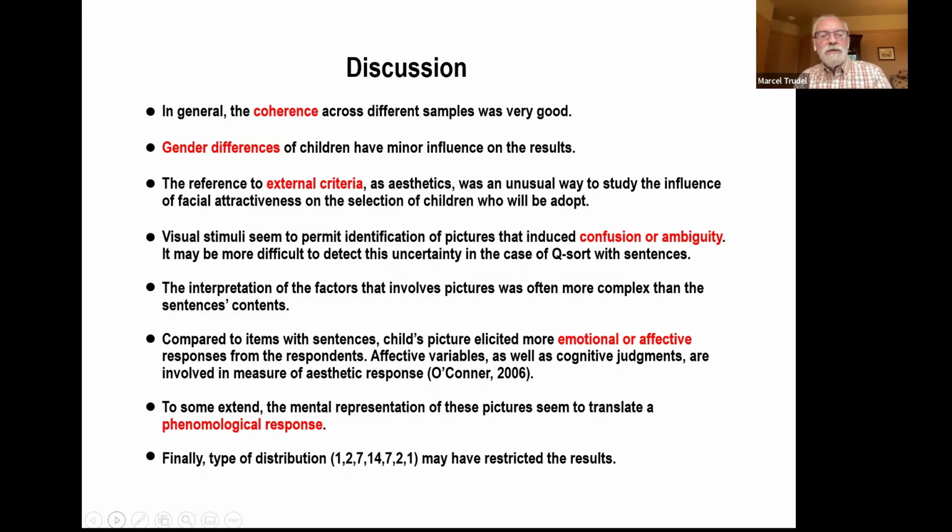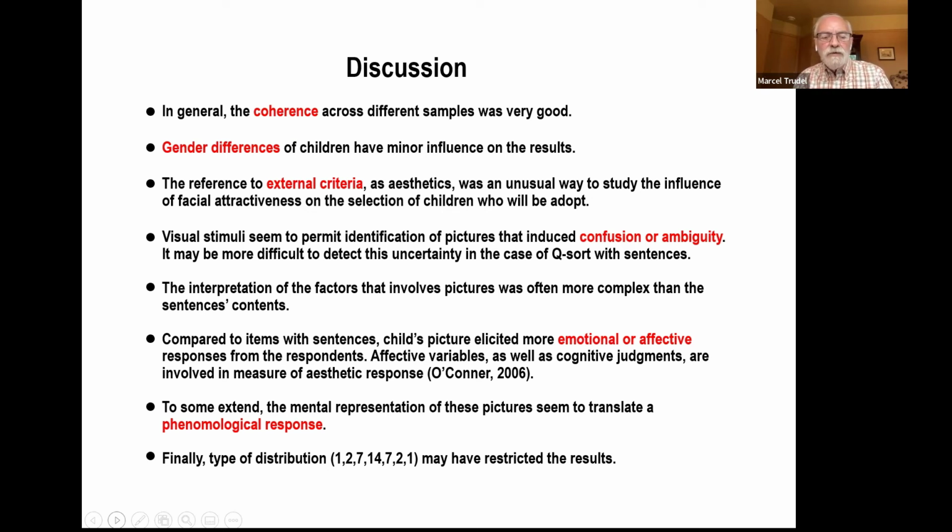In the discussion, in general, the coherence across the different samples was very good. Gender differences among the children had a minor influence on the results. Referring to external criteria such as aesthetics was an unusual way to study the influence of facial attractiveness, for sure, but there is some confusion and ambiguity. Compared to items with sentences, child pictures elicit, from my point of view, a more emotional and affective response from the respondent.